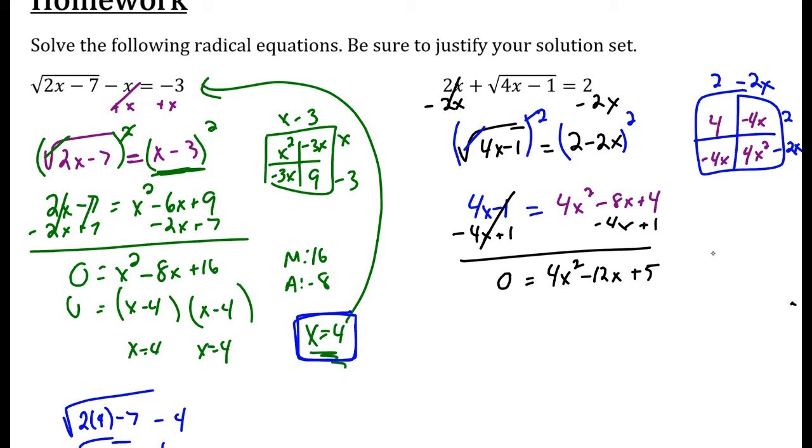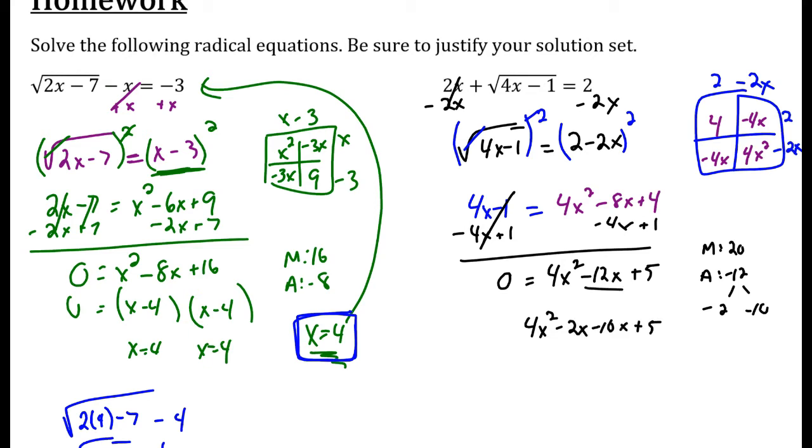So I'm going to ask myself two questions. I'm going to say, self, what multiplies to 20 that adds to negative 12? Well, that's going to be negative 8. Nope, just kidding. Negative 2 and negative 10. So 4x squared minus 2x minus 10x plus 5.